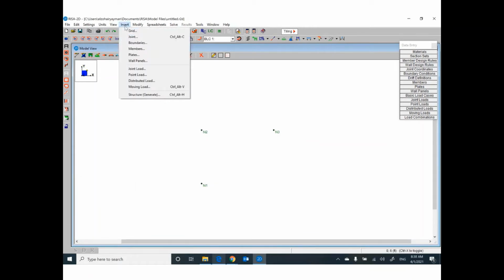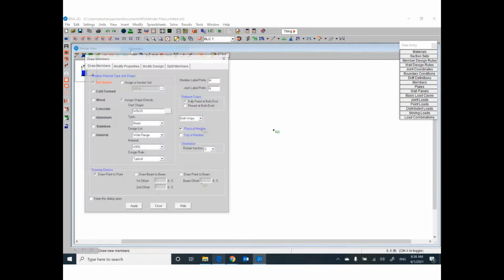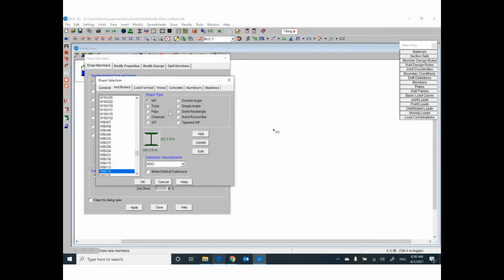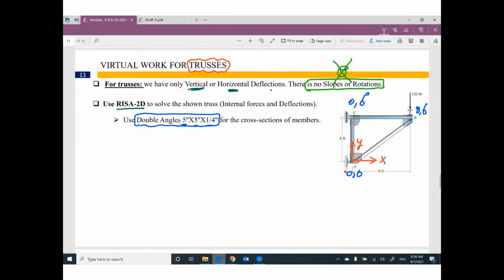Insert, members, hot rolled. I will open this little button. The cross section is double angle, and it's double angle 5 times 5 times 1/4.